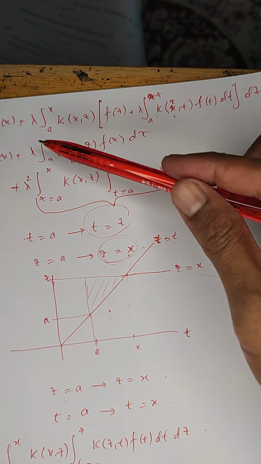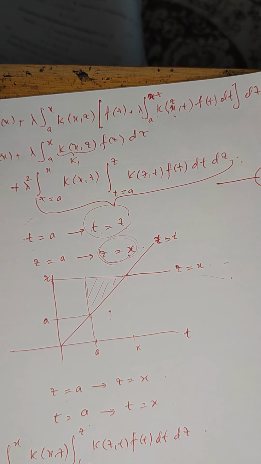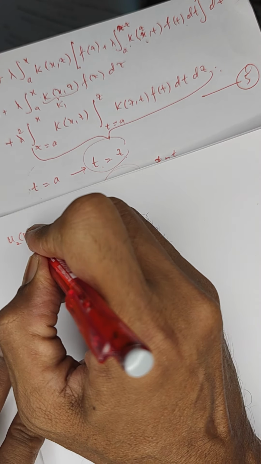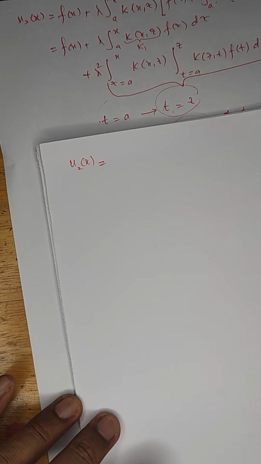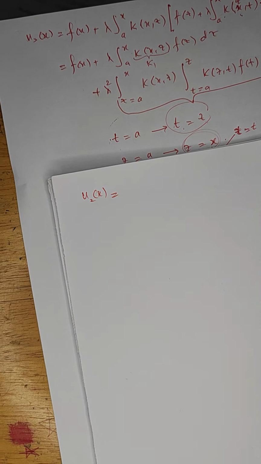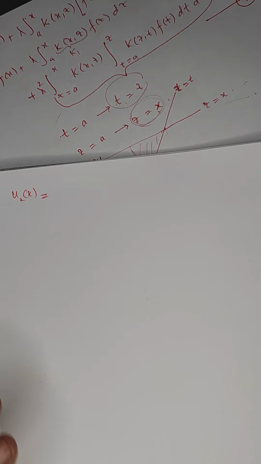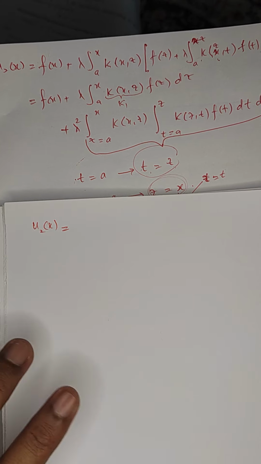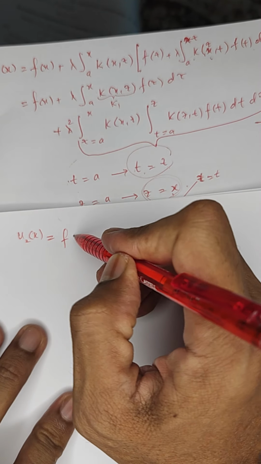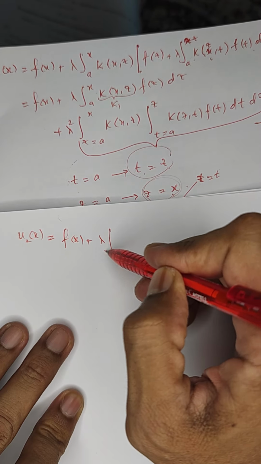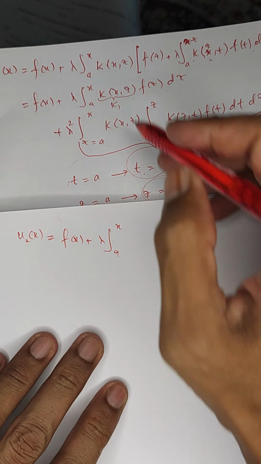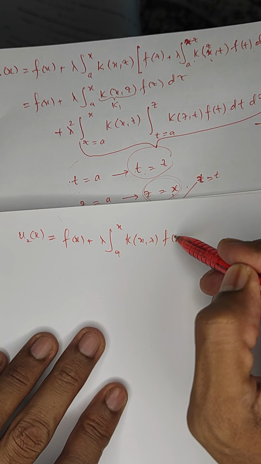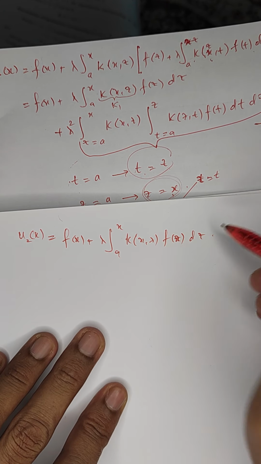All right, so we have k1, we have k2, and so on and so forth. So what we have now is u2(x) is equal to f(x) plus lambda integrate a to x, here is k(x,z) f(z) dz.